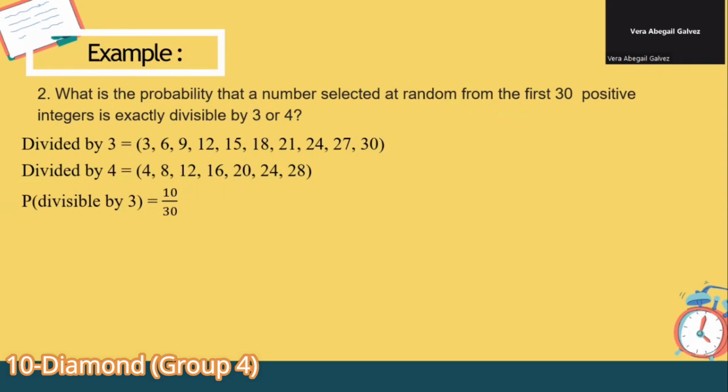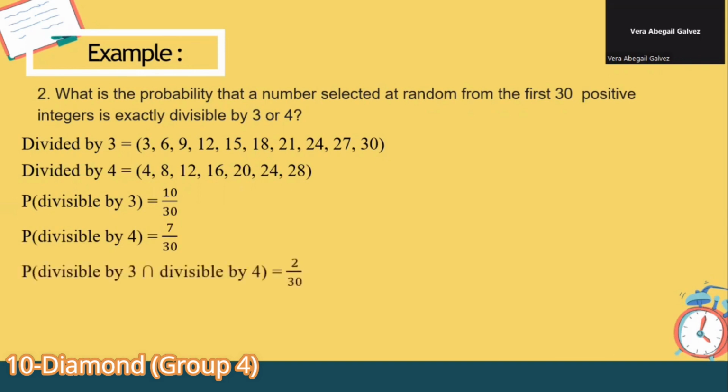Then find the probability of selecting a positive integer divisible by 4, and that is 7 over 30. Then, the probability of selecting a positive integer divisible by 3 and divisible by 4 is 2 over 30, since there are two outcomes in common in event A and event B, and those are 12 and 24.